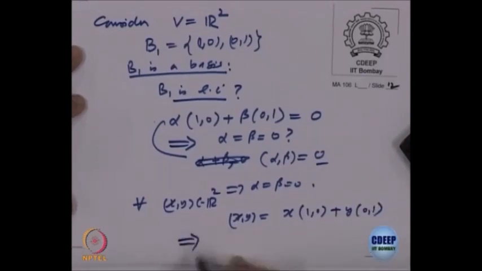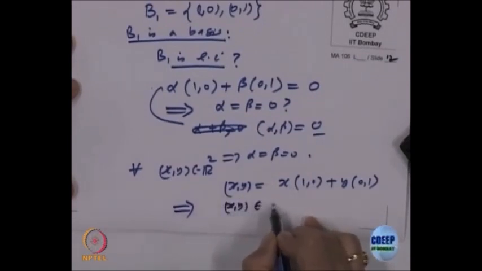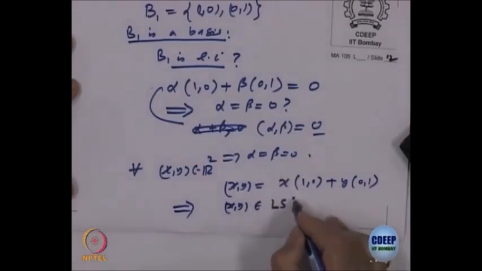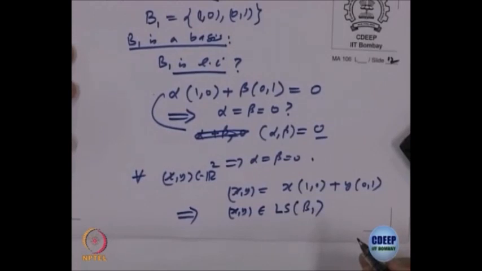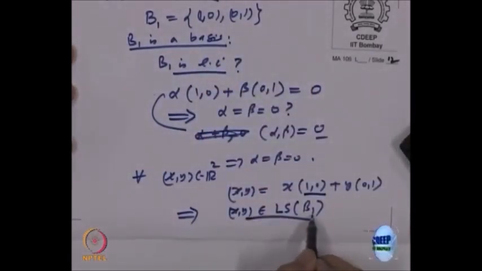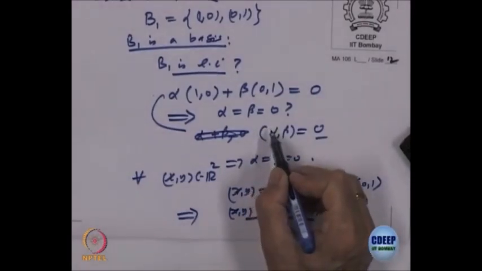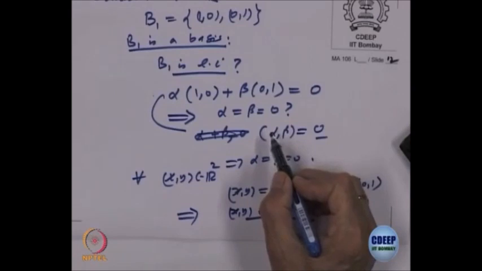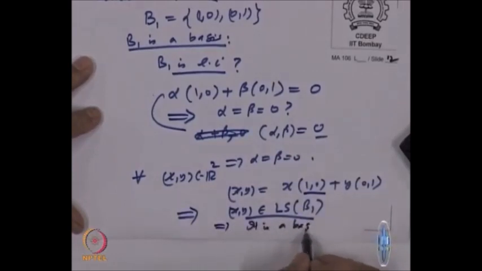So, any vector in R2 belongs to the linear span of B1. The linear span of B1 is the whole space and it is independent. So, it generates, L of B1 is equal to R2, and with linear independence, that implies it is a basis.